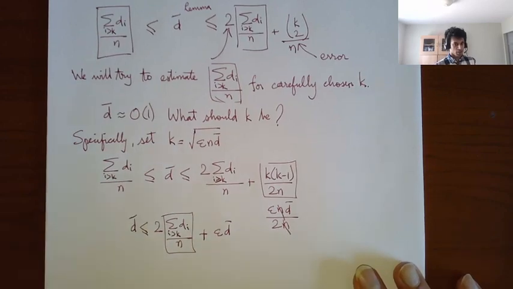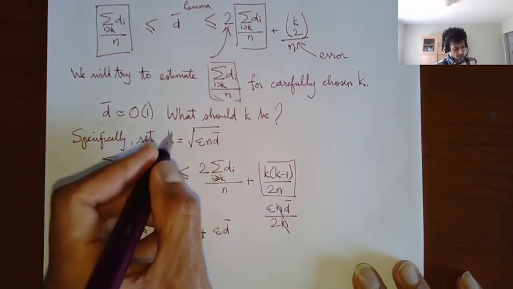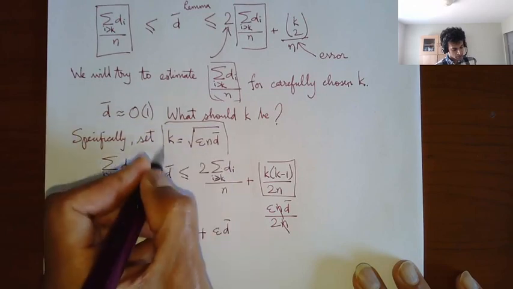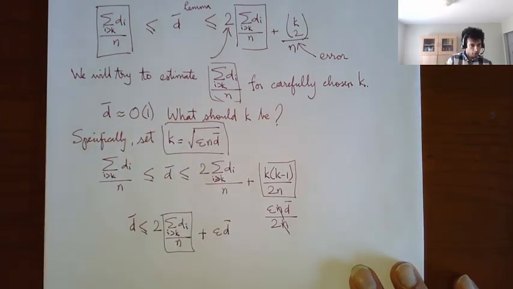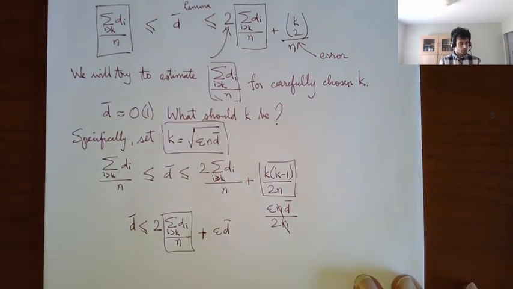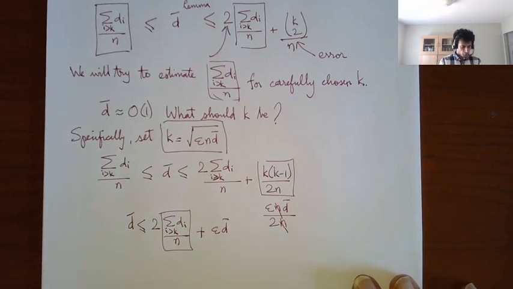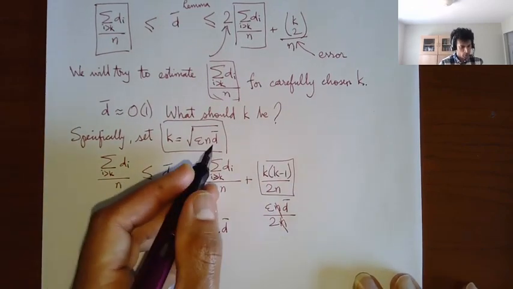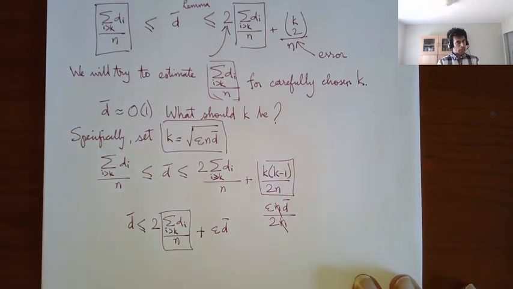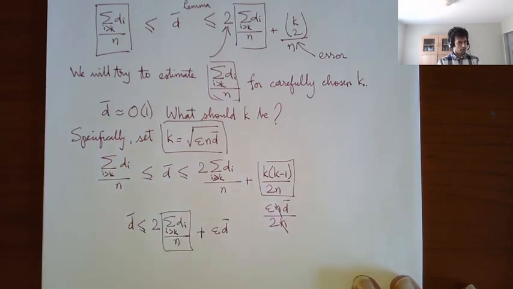Does this make sense? So if I chose k to be this magic parameter, then the error is going to be small. Of course, you might say, we don't know what d prime is. How are we going to set any of these choices? And again, all of this is a thought experiment that is part of the analysis.